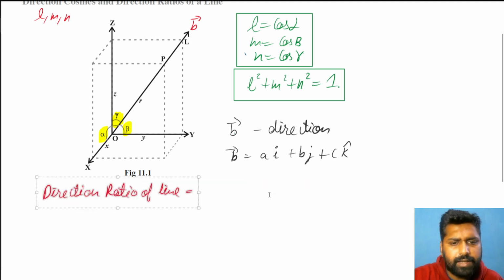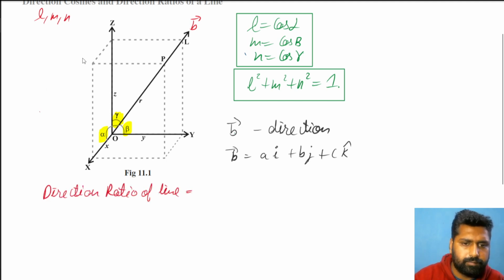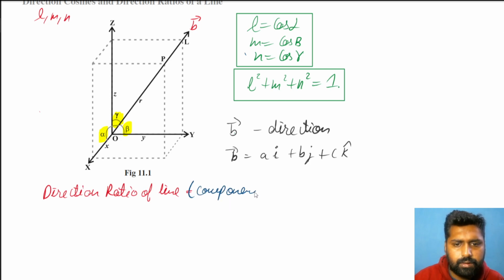If I say find the direction ratio of a line, indirectly I'm saying find the components of the b vector. And what are the components? a, b and c.